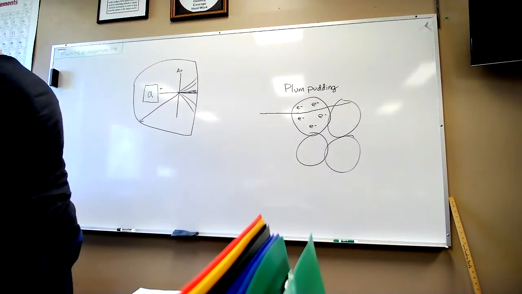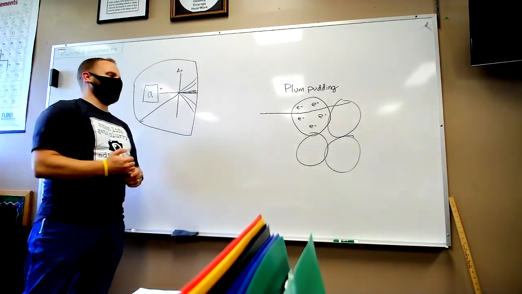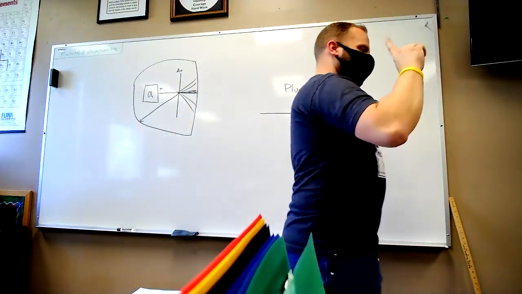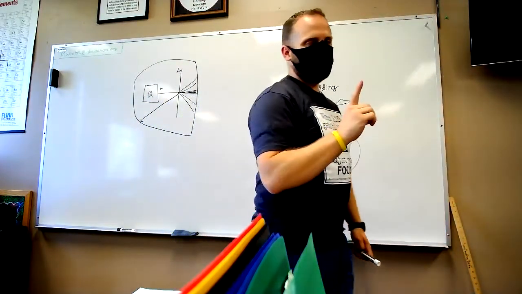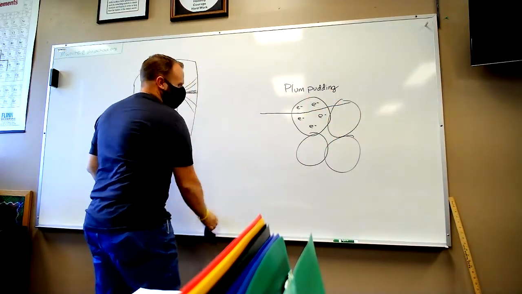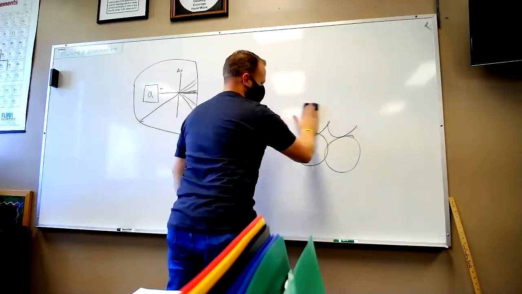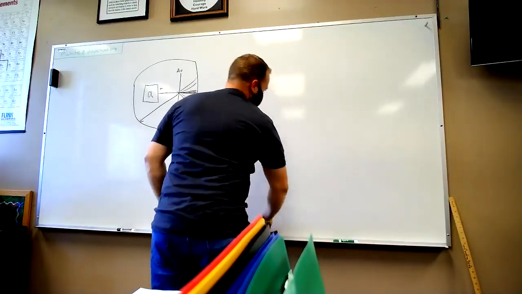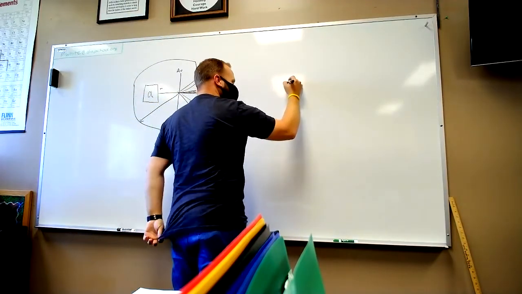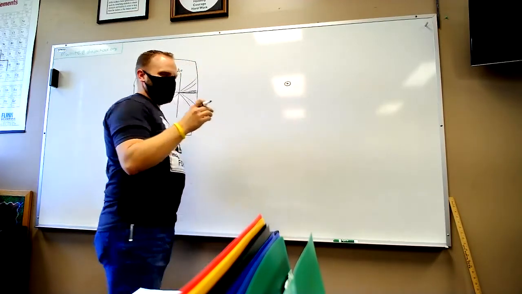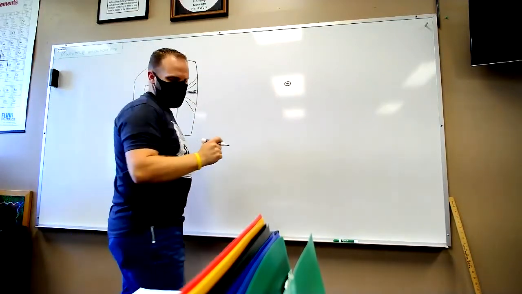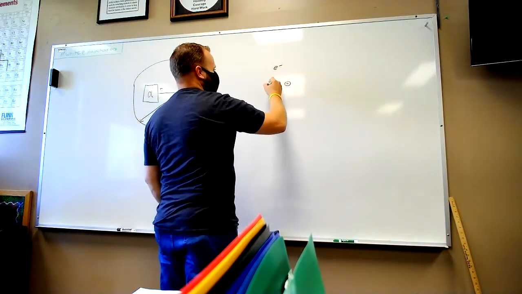When he started analyzing this and sitting down to do the math, he realized there was only one possible way that his results could have happened. And that is, we get rid of the plum pudding model. Now we have to have all of the positive charge in a very, very small area with the electrons surrounding it.